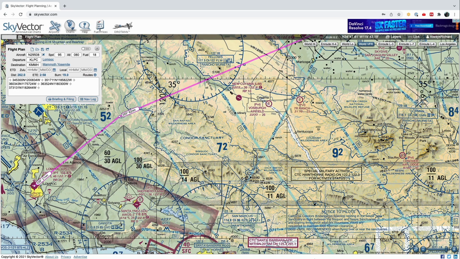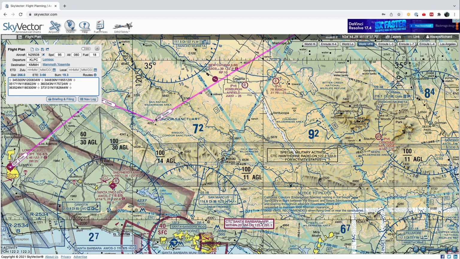But that still doesn't explain why. So let's add Trevor's crash spot. It's in the second, so I'll add it here. And so now we have, so why did he fly this way? Right over the Condor Sanctuary.